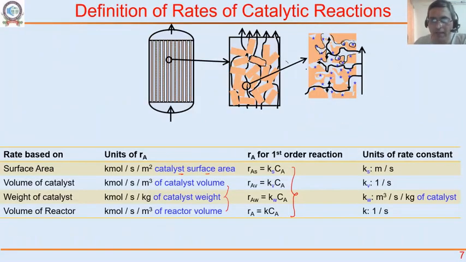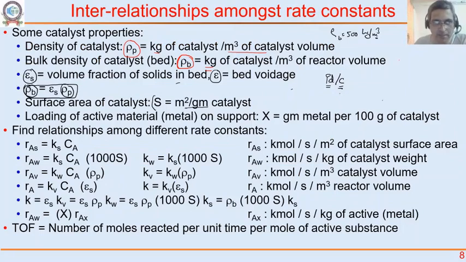Imagine these blue stars are your palladium metal sites on which the reaction occurs. So what is important is how much loading of the active material there is per gram of the catalyst. Typically it is defined in terms of percentage.